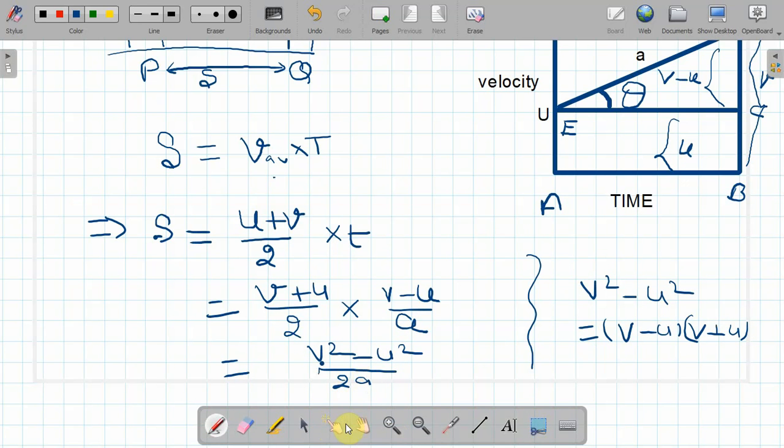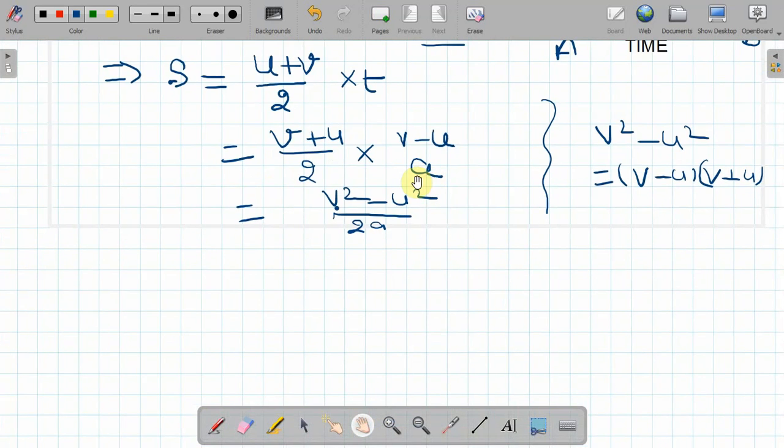Now if we solve it further, S is equal to V square minus U square by 2A.